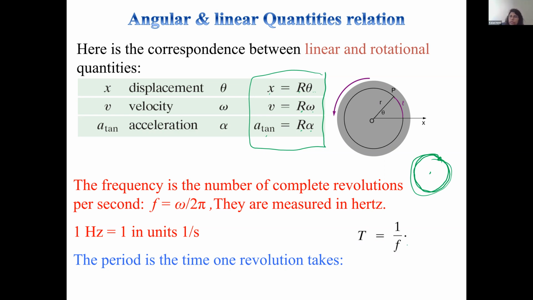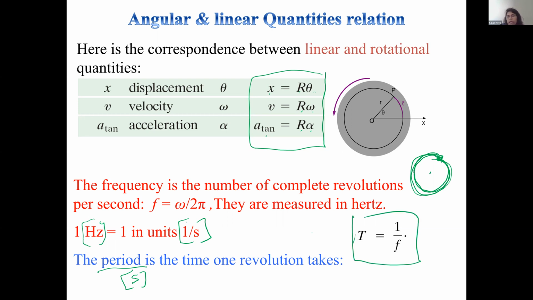Now period is how long it takes to complete one cycle. You switch on your timer, you complete one cycle. What is the time on the clock now? That is what we call the period. So period is measured in seconds, right? But frequency is measured in 1 over seconds, which we call hertz.